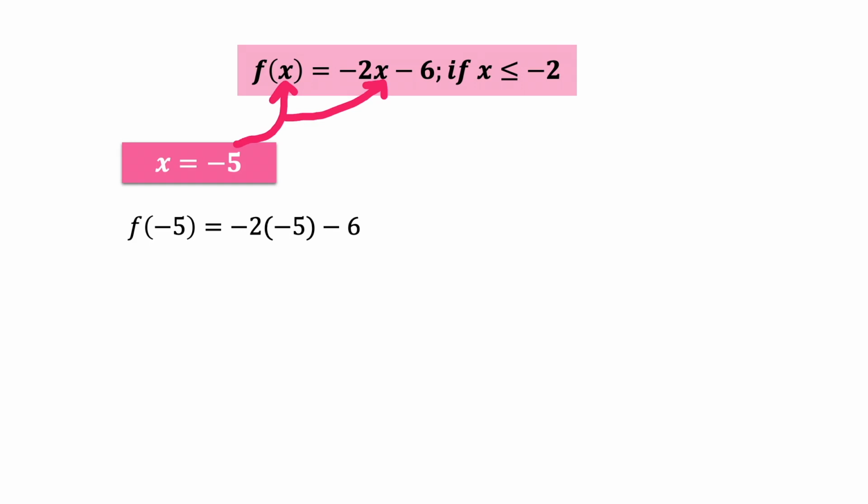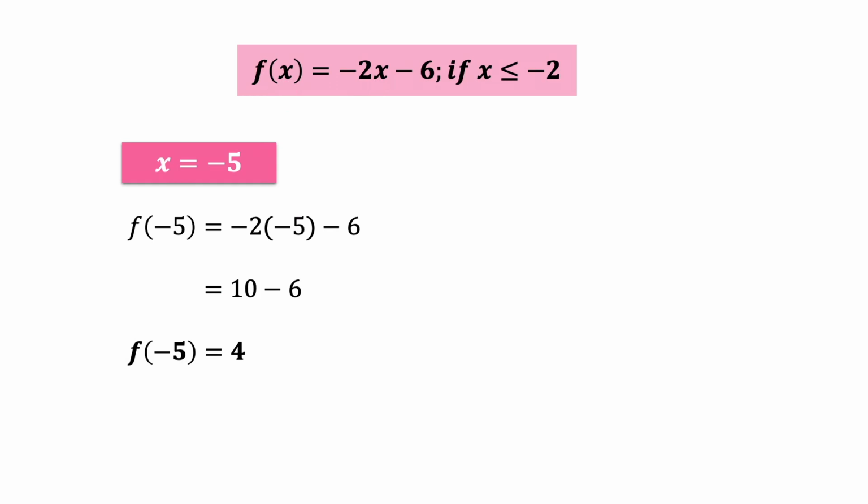Following the PEMDAS rule, we will multiply -2 to -5. Their product is +10. Then, minus 6. Now, 10 minus 6 is 4. Therefore, f of -5 is 4.